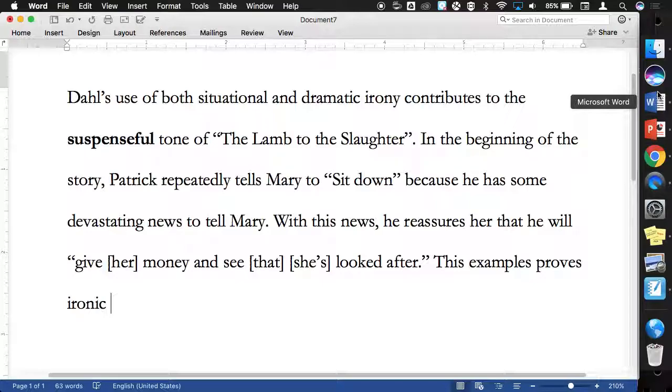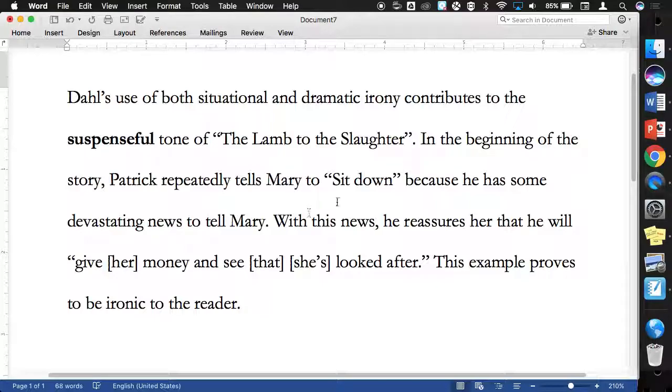You could go, this example proves to be ironic. Since it's situational, it's going to be ironic to the reader. This example proves to be ironic to the reader.